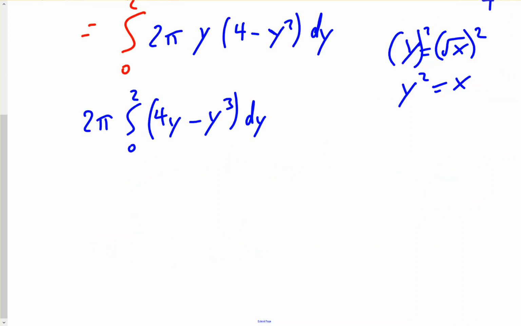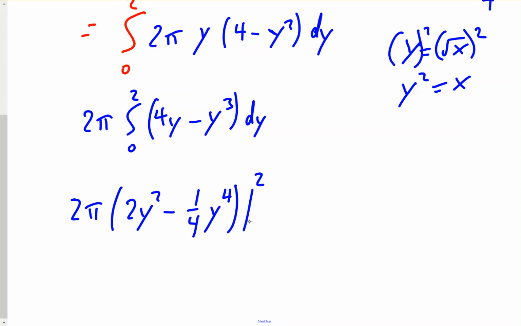And now we could integrate this. All right, so we have integrated. This would be 2y squared minus 1/4 y to the 4th. And then we would evaluate 2 to 0. Okay, so we plug in 2.